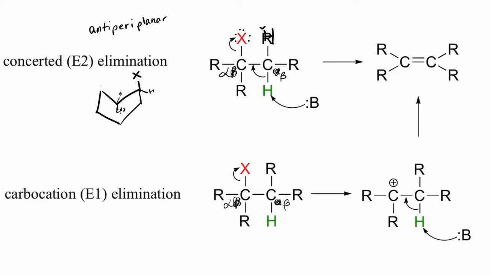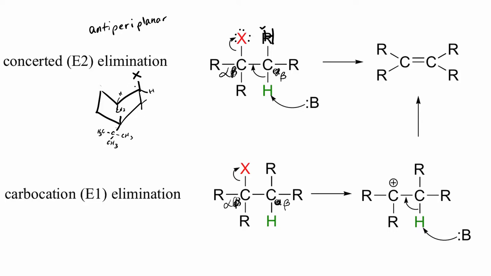And usually we want our big bulky stuff to be on the equatorial position. Well, maybe we're being forced to have methyl in the axial position here because we have a t-butyl group. That t-butyl group will really want to be equatorial in order to stabilize this ring.